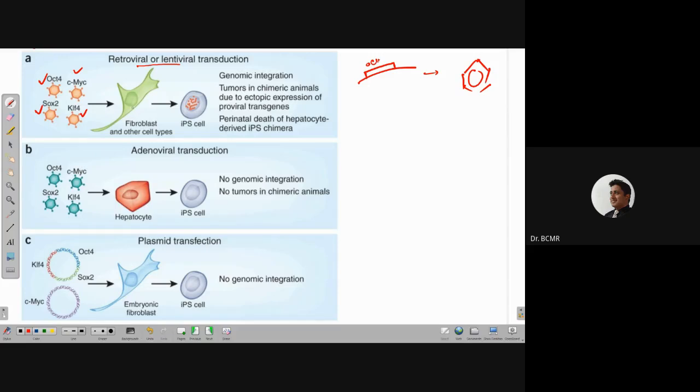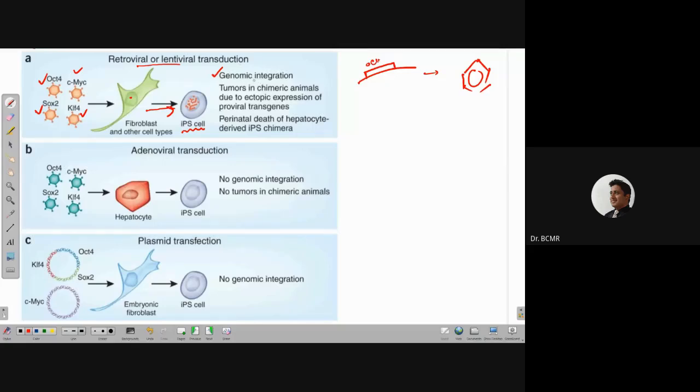Upon growth and expression of the OCT4, OKSM factors or Yamanaka factors, the cell over a period of days will change into pluripotent stem cells. The problem with this method is genomic integration.